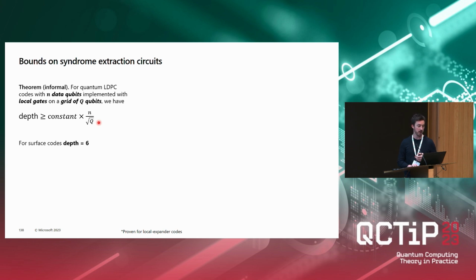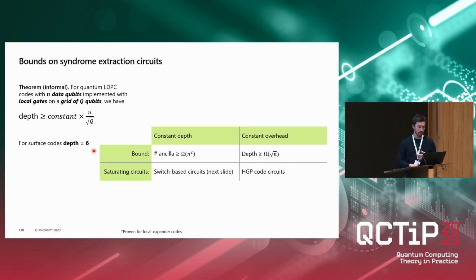And this bound can apply to two settings. In the case of surface code, your depth is 6, right? You have 4 CNOTs, 1 preparation, 1 measurement. And if you apply this bound, in the case where you want a constant depth, you need this bound to be constant, then you need Q to be of the order of n squared. So the total number of qubits must be of the order of n squared. You need many ancilla qubits.